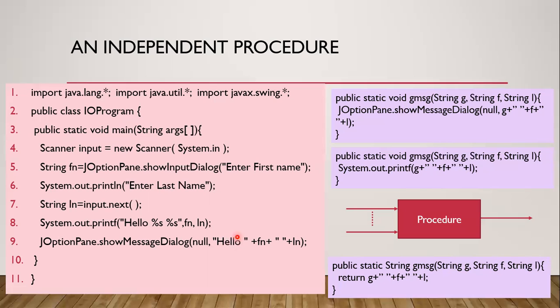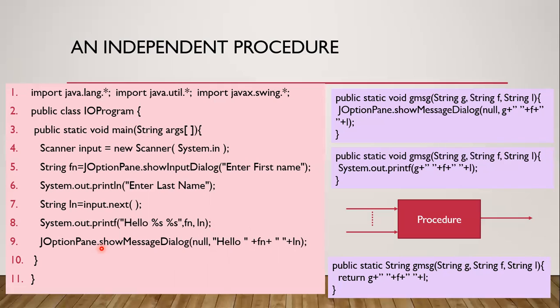So actually what we are doing here, we are making up a string to print on the CLI interface, and here we are making a string to print on a GUI interface, and the string we are making to print is actually with the greeting message.